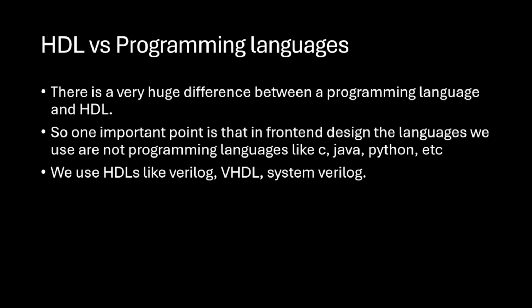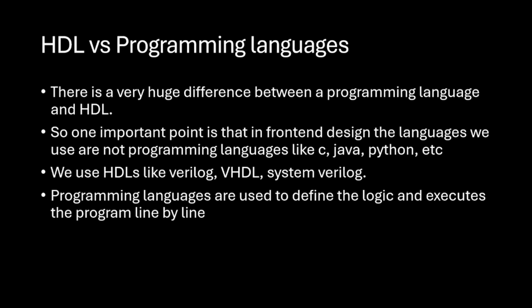Programming languages are used to define the logic, and the logic is executed step by step. That means line by line. But in an HDL, you describe the hardware itself. That means you don't just write the logic, but you also describe it using things like wires, registers, combinational and sequential circuits, and so on.